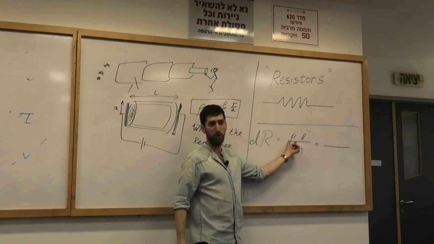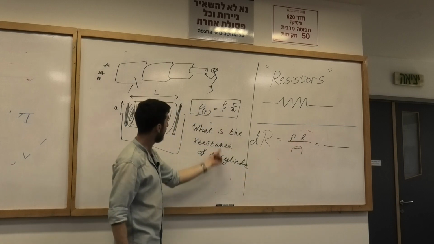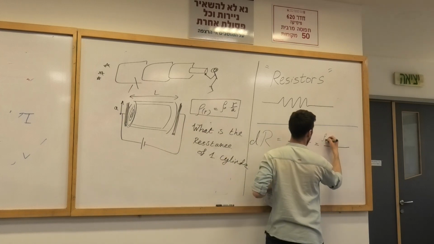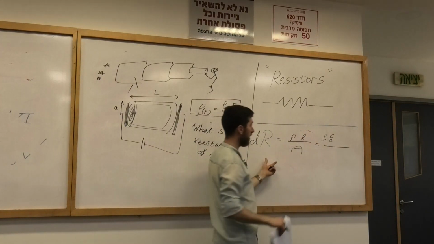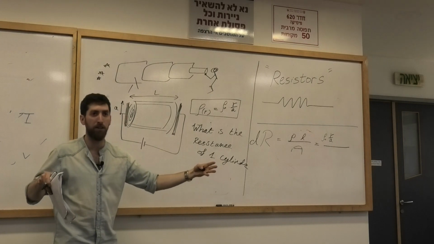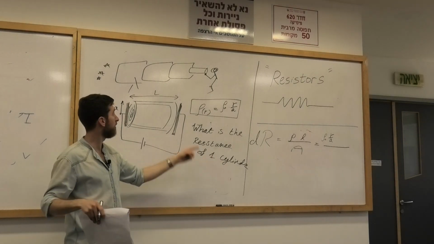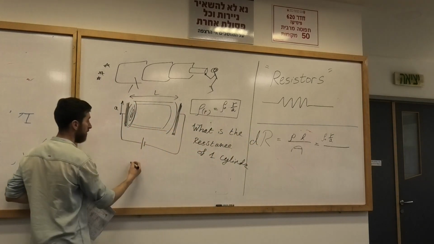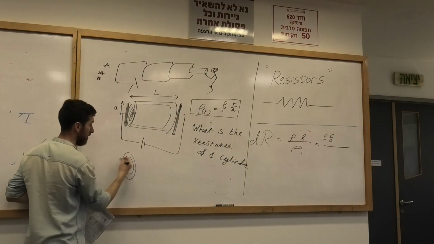What is rho of each cylinder? Given, okay? So this is rho R divided by A. What is L of each cylinder? What? L. You see that if this is a cylinder, right?